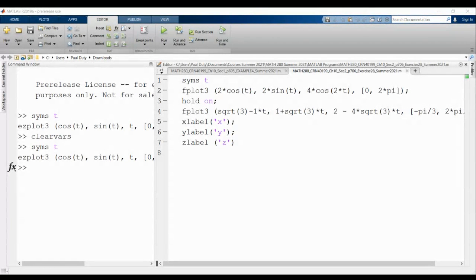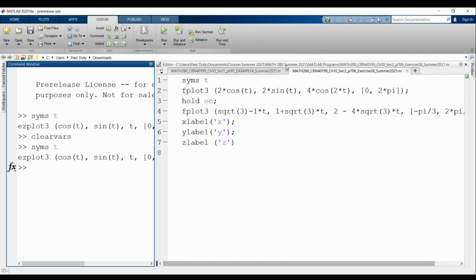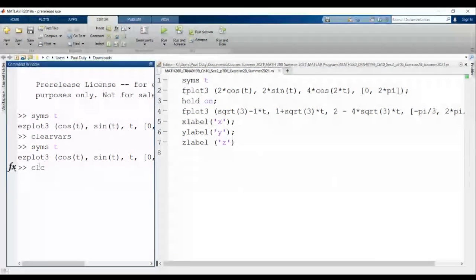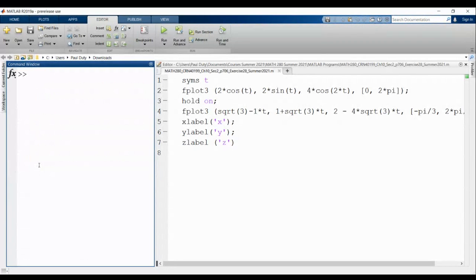Okay, so this is the code right here, and maybe what I'll do is close that other code out so you're not looking at multiple things. There we go. And over here, I'm going to do CLC. That'll clear the command line.